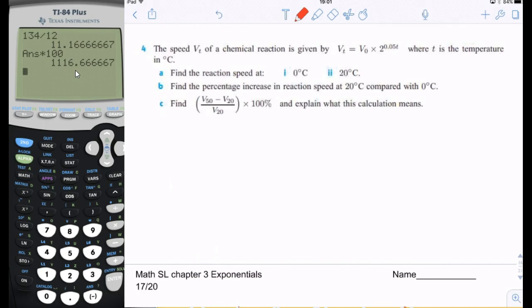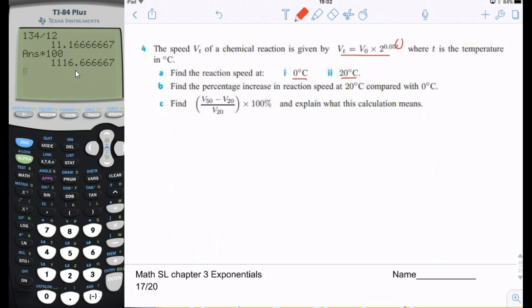The speed v of t of a chemical reaction is given by v of t equals v subscript 0 times 2 to the 0.05 t, where t is the temperature in degrees Celsius. Find the reaction speed at 0 degrees C and at 20 degrees C. So we have an equation, and we know that the t here is the temperature, okay?